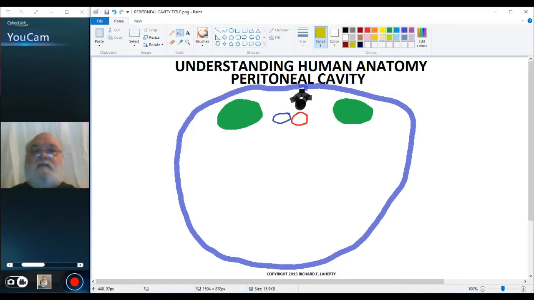And then I'm going to draw the stomach, and I'm going to draw it shifted slightly to the left from what we had before. And again, I will draw in the peritoneum.